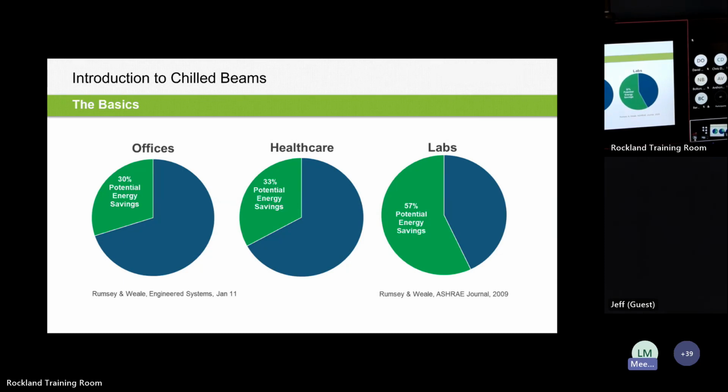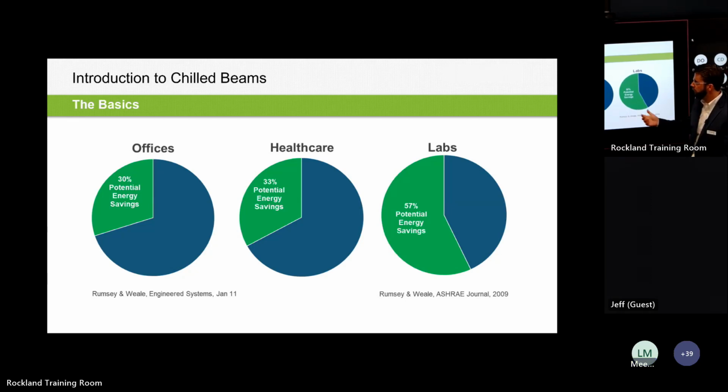Yeah, a lot more air for labs. Hours of operations. Yeah, that's a good one. Makeup air. Yep. That's a good one. So you could see that. Anything else before I go on? Those are all really good answers.